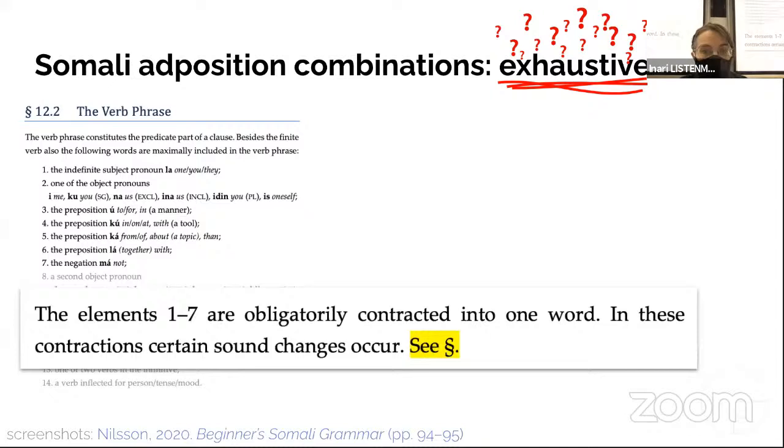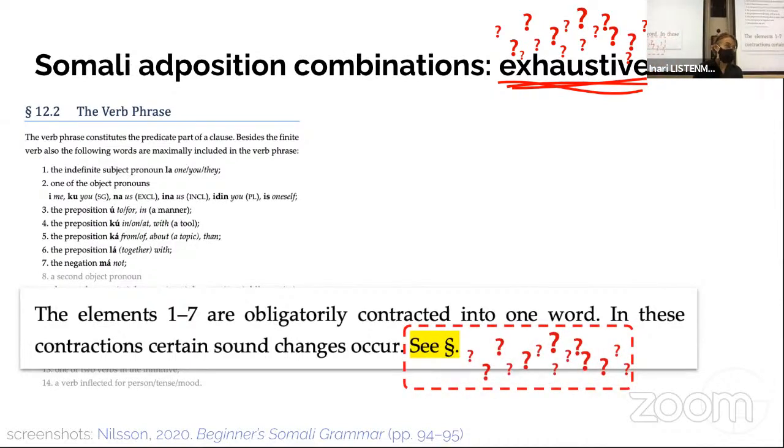And then there's more explicit confirmation that all of these elements are obligatorily contracted into one word. In these contractions, certain sound changes occur. But this grammar is actually a work in progress, so this point is not there yet.